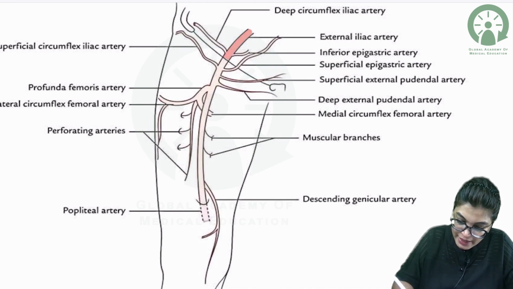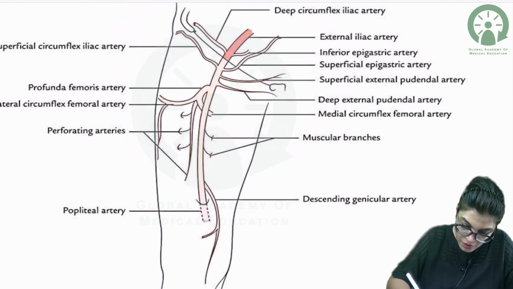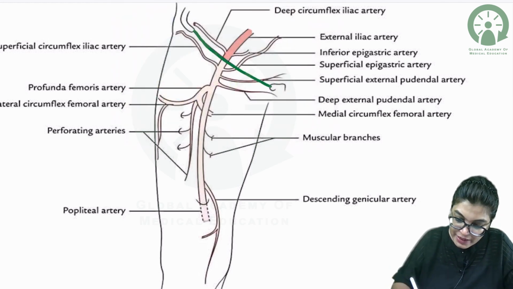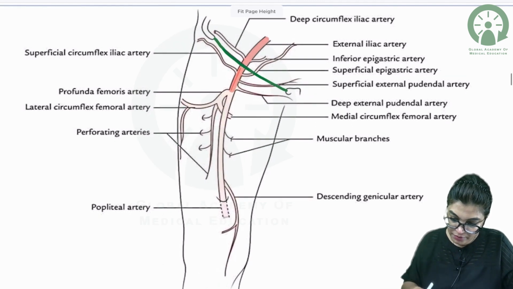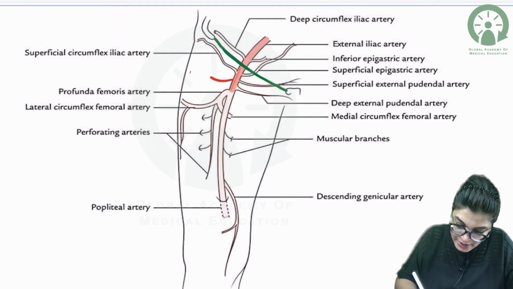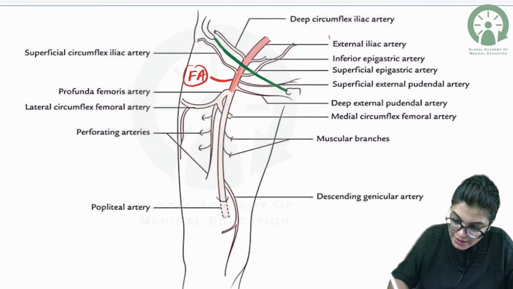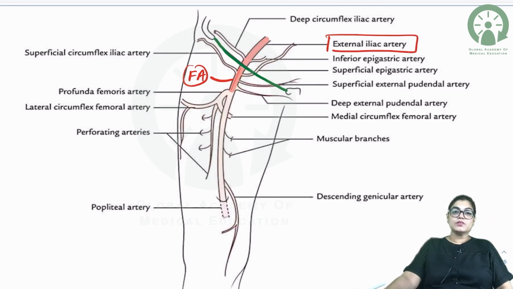This external iliac artery, below the level of inguinal ligament, which is this, changes its name to femoral artery. So this is exactly the femoral artery, and this is external iliac artery below the level of inguinal ligament, which is shown in the green color.